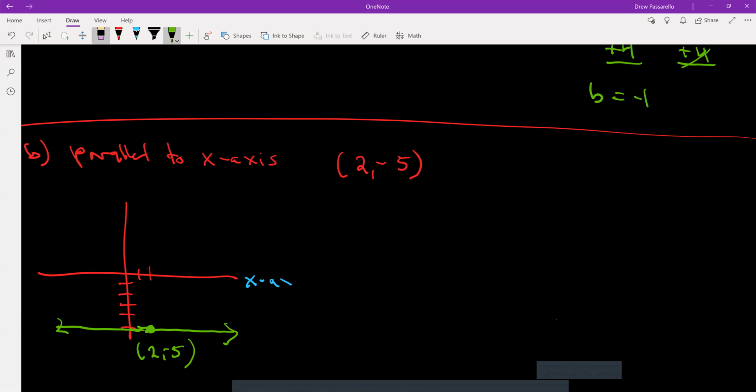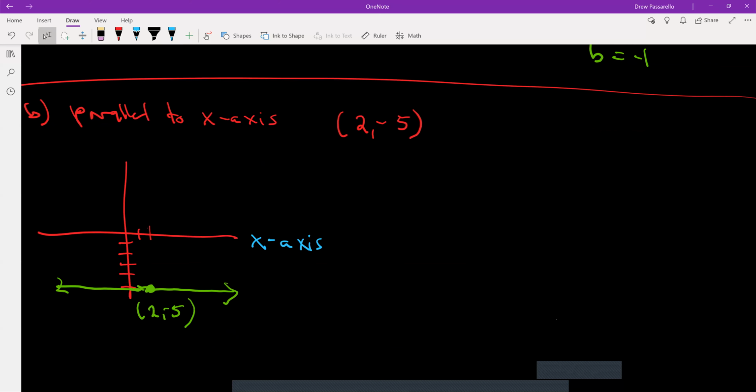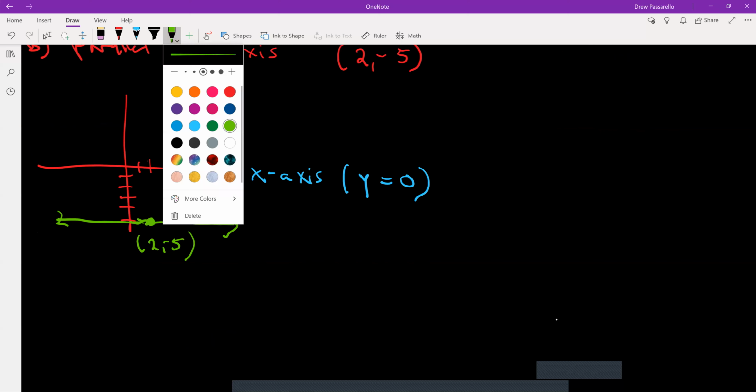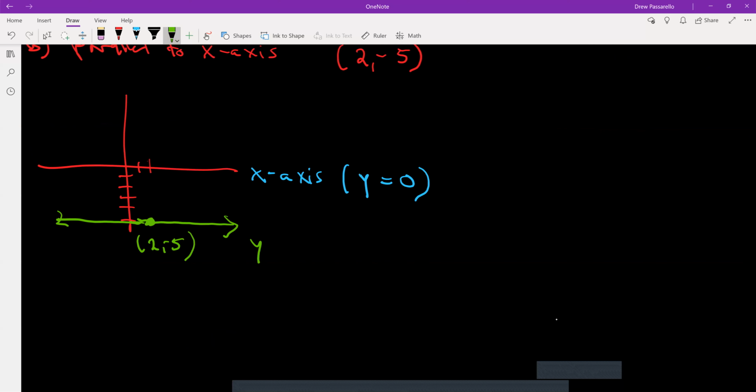Okay, so I have this horizontal line, the green line, and then that goes to that point (2, -5). And it's parallel to the x-axis because you need another horizontal line, since the x-axis is a horizontal line. Now the x-axis has the equation y equals 0. Now for the green line that's parallel to it, this is going to have the equation y equals -5.